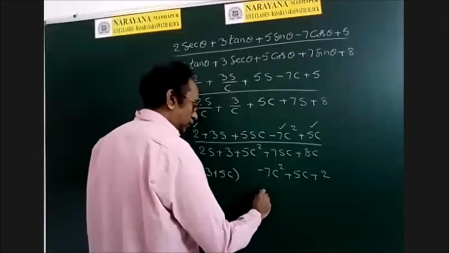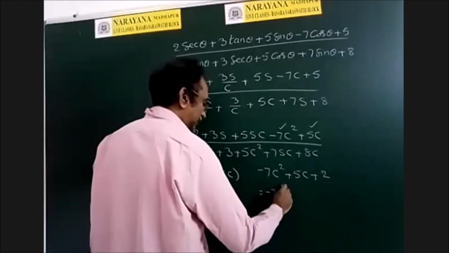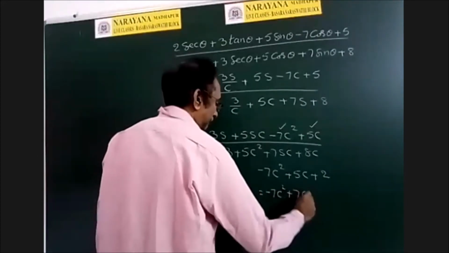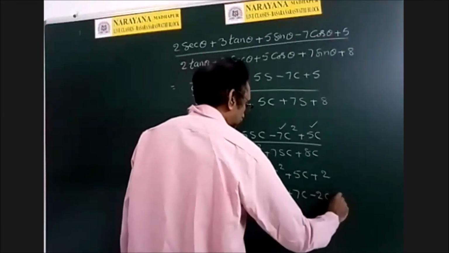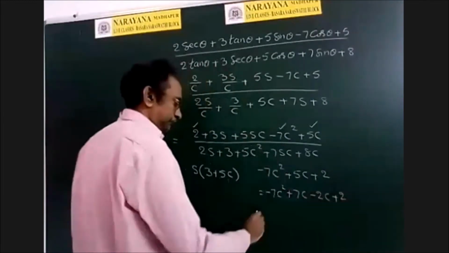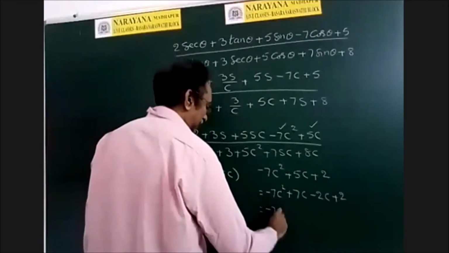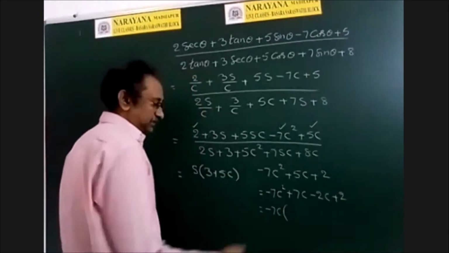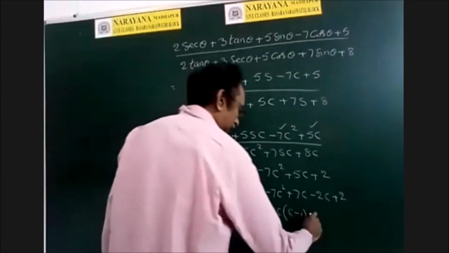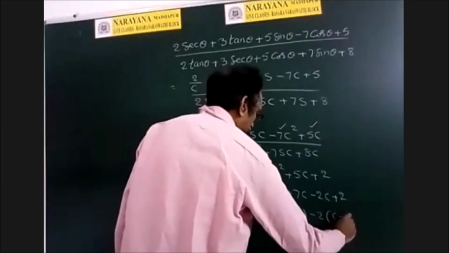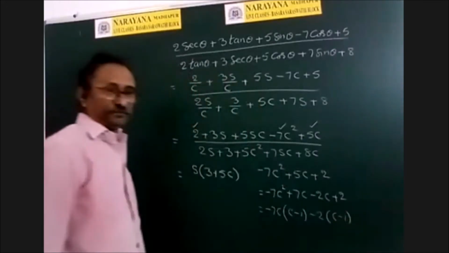So that is equal to minus 7 cos square plus 7 cos minus 2 cos plus 2. If you take minus 7c common, this is c minus 1. If you take minus 2 common, you will get c minus 1.